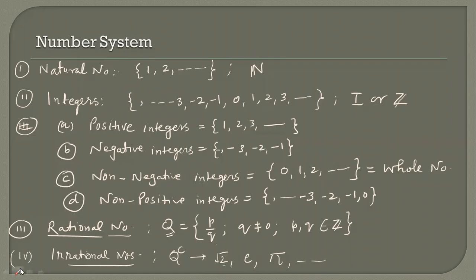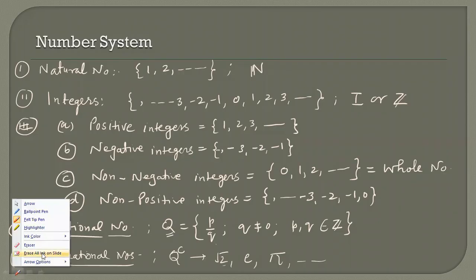Next is real numbers. I am using notation R. The numbers containing both rational and irrational are called real numbers. In the number line, any number which can be represented on this line is called a real number.